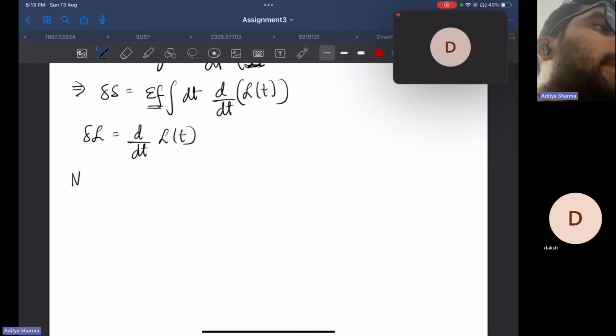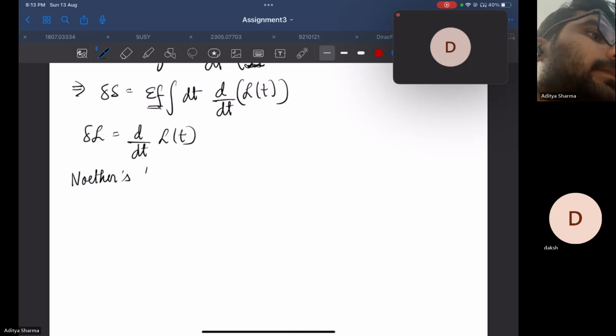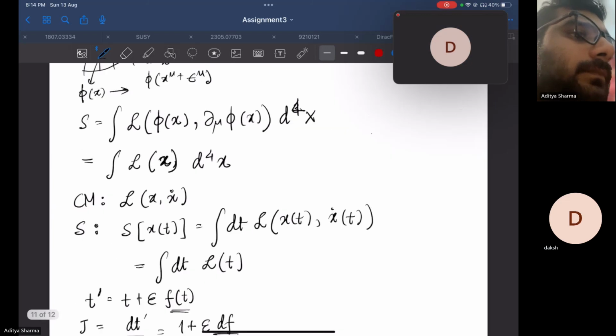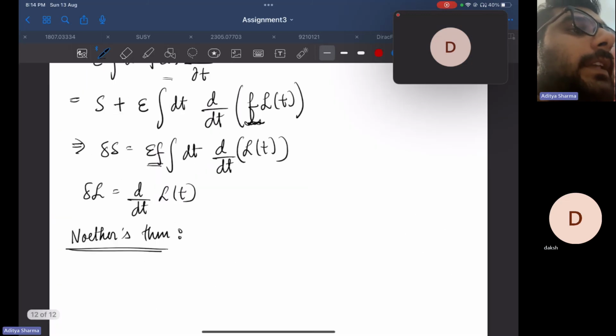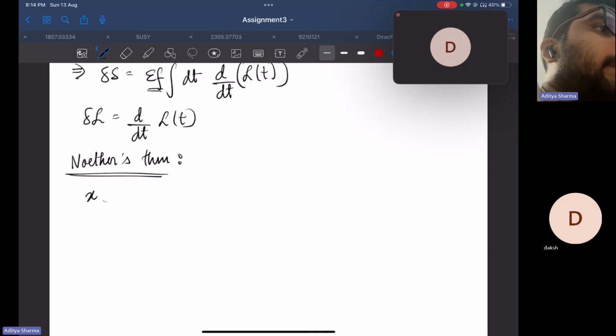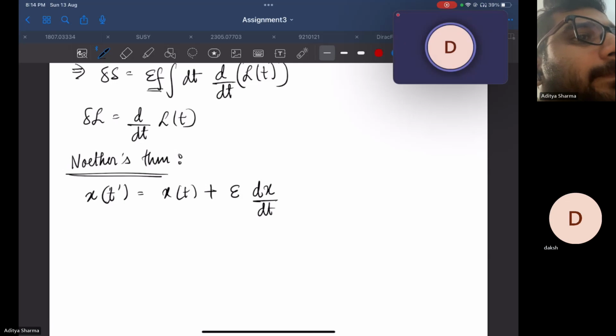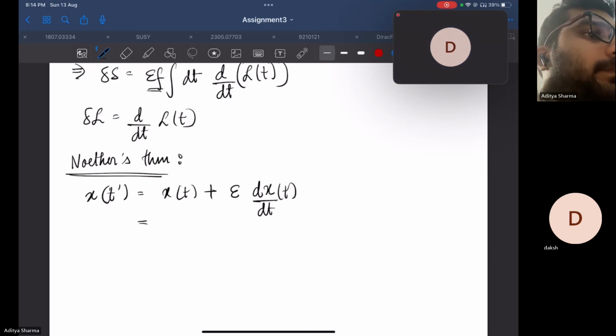So Noether's theorem says that under this change, x of t prime, which is equal to x of t plus epsilon dx/dt, that is epsilon x dot.